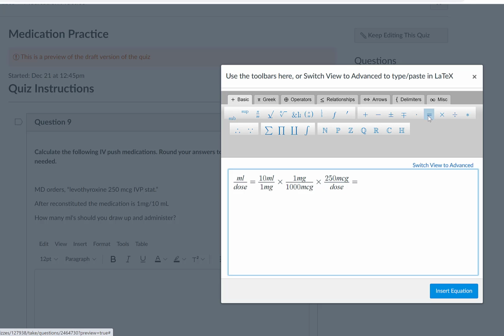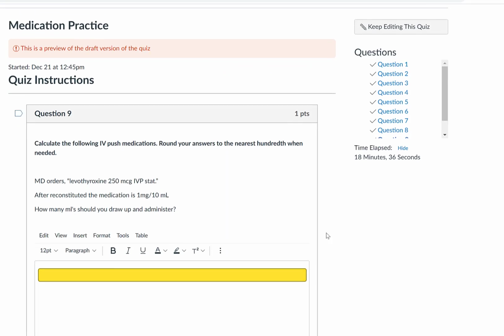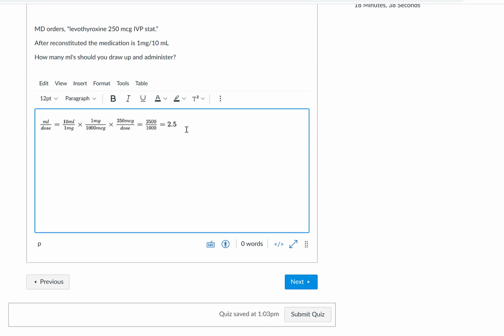So when I do my math, I am going to get 2,500 on the top, and I'm going to get 1,000 on the bottom. So that is going to give me a numerical answer of 2.5. When I put the equation in and I hit enter, it is going to give me 2.5, and the answer is in mLs.